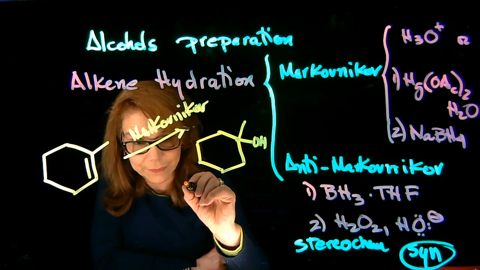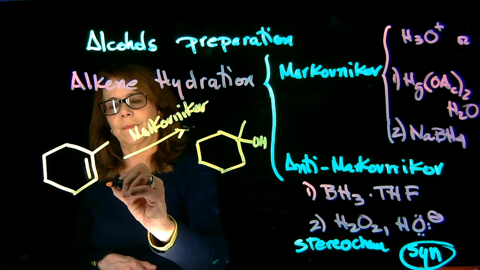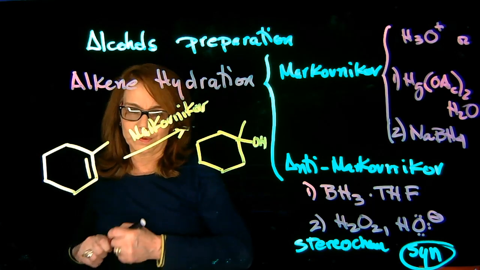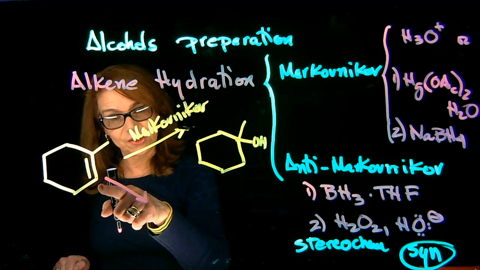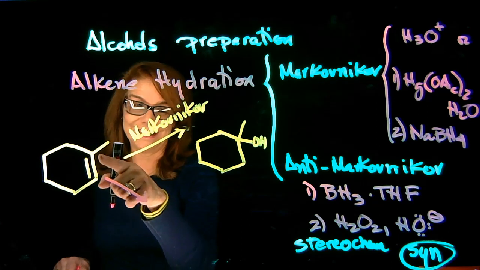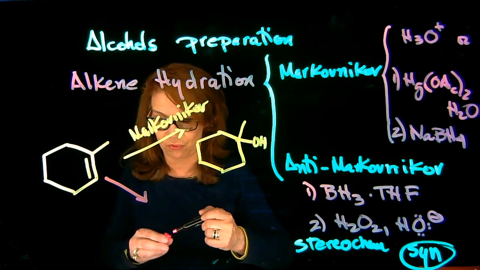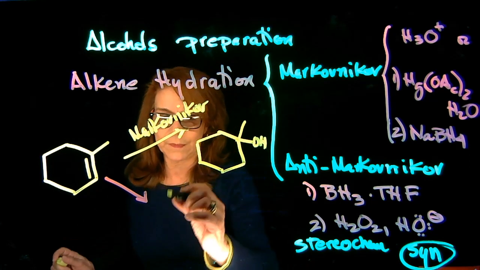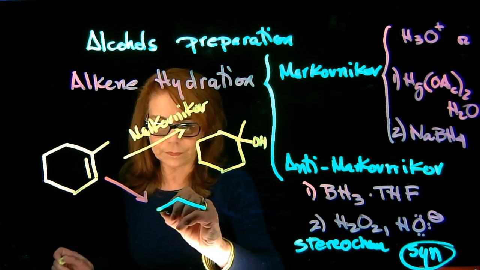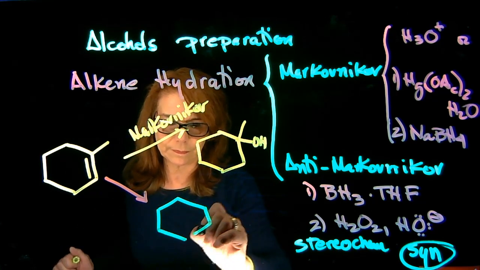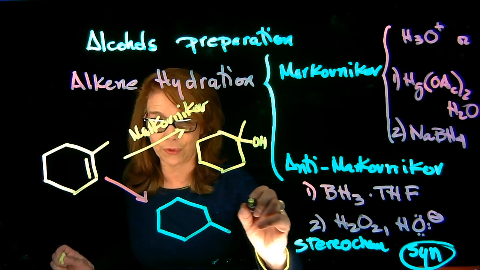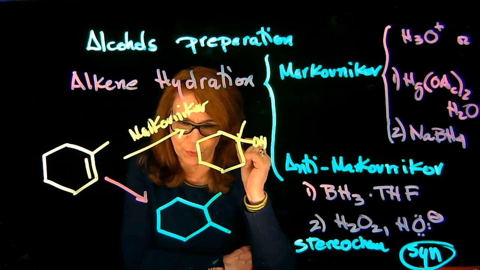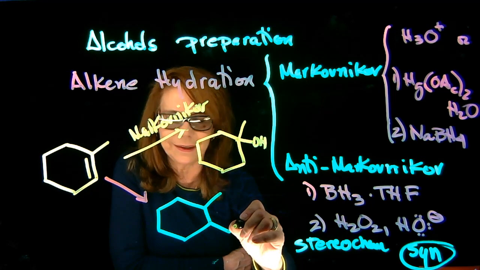Now, the anti-Markovnikov product. We have the OH at the least substituted carbon and the H at the more substituted. So drawing the structure now, we will initially draw it without any configuration whatsoever, but we're going to add that in a minute.